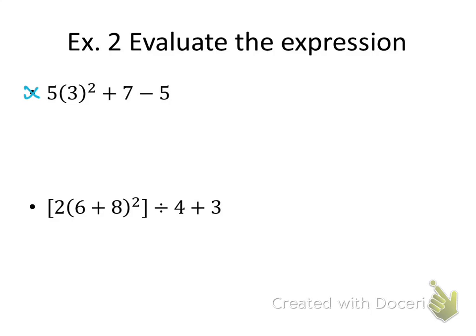parentheses first. Now, look at this problem. You see parentheses here. However, that is not the parentheses the order of operation is talking about, okay? Order of operations parentheses means there is something inside of the parentheses that needs to be done.